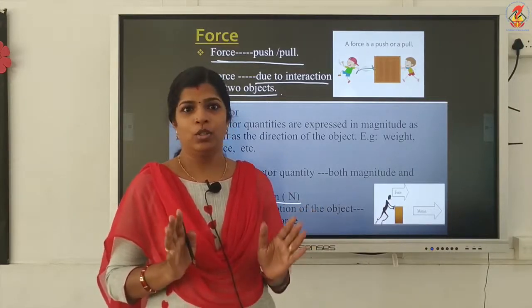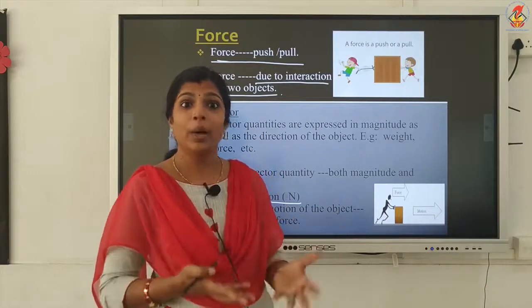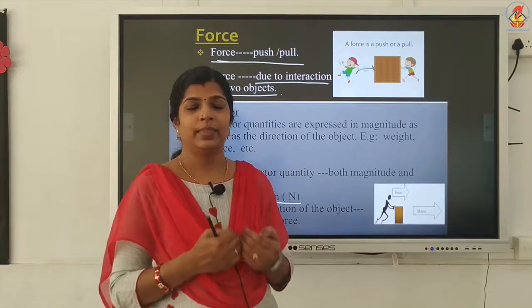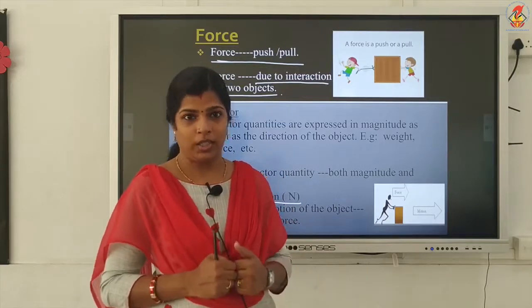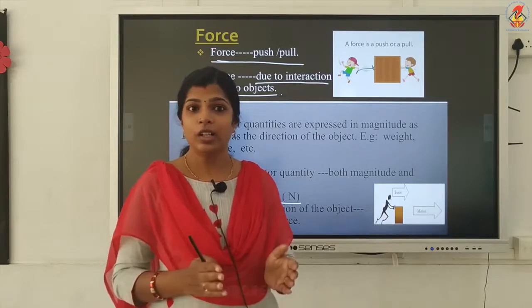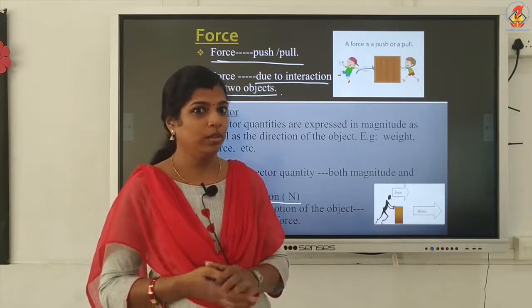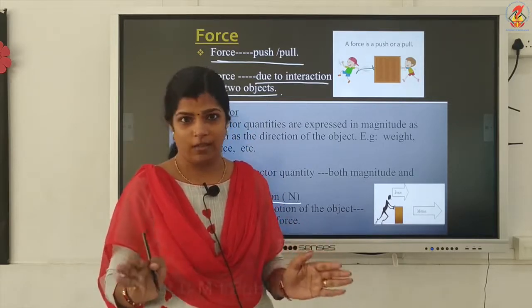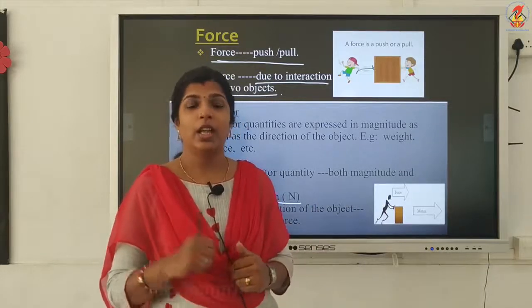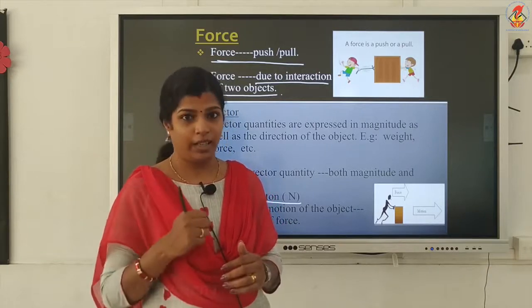No. So, 2 kilogram, that is a mass, is a scalar quantity. Scalar quantity means it has only magnitude, no direction. But the other category, vector quantity, has both magnitude and direction.